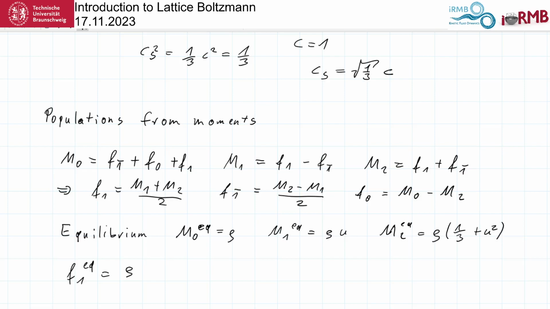So this is why now this is going to work. If we solve this for F1, then we get rho times (1/2 U plus 1/3 plus U square).